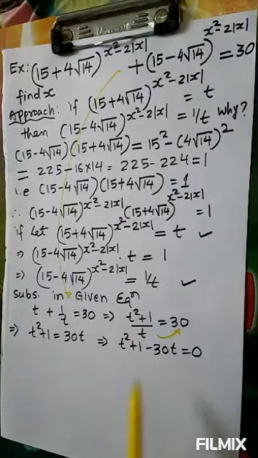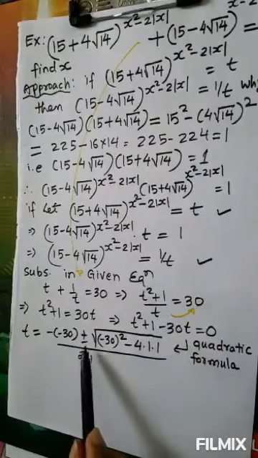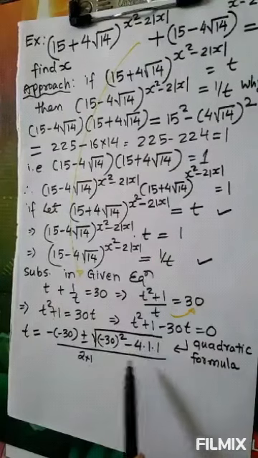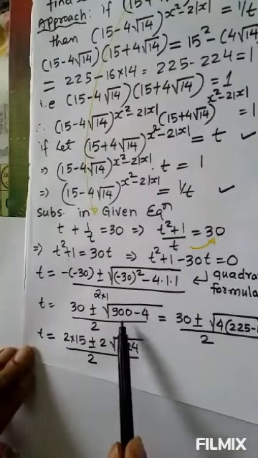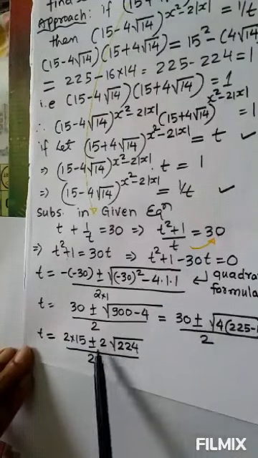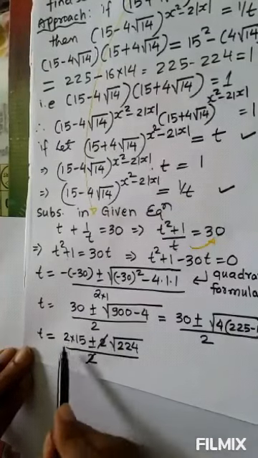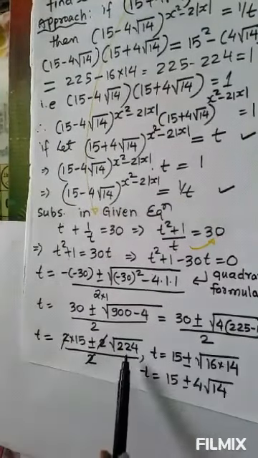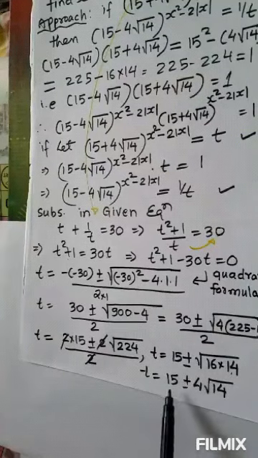So we will do it by the quadratic formula, minus b plus minus under root b square minus 4ac upon 2a. We can take 4 common, 225 minus 1, this 4 comes out as 2, 30 is written as 2 into 15, 2 gets cancelled. 224 is 16 into 14, 16 comes out as 4.